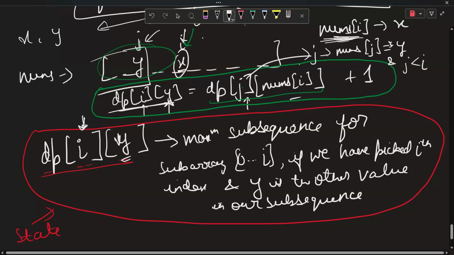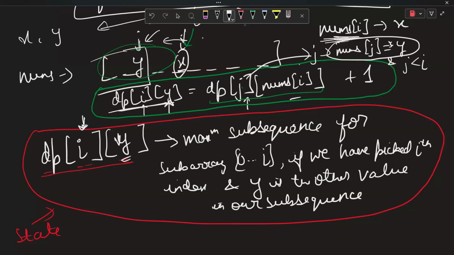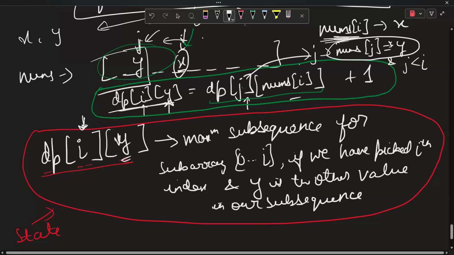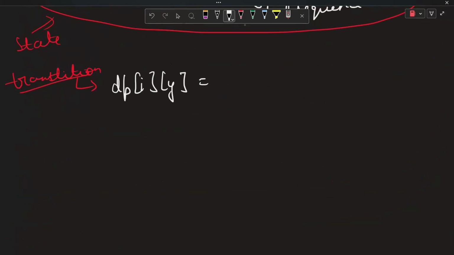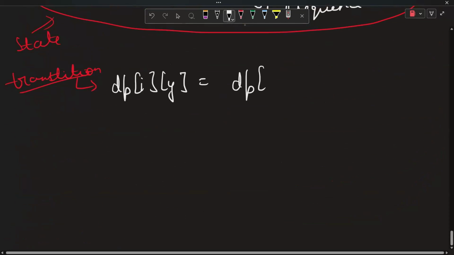So the greatest j just before i such that nums[j] is y, that is my j. If you can find this j, then you can write the transition as this. So what's my transition? dp[i][y] is dp[j][nums[i]] plus 1. Now you need to find this j.